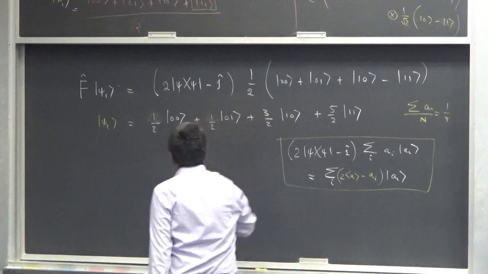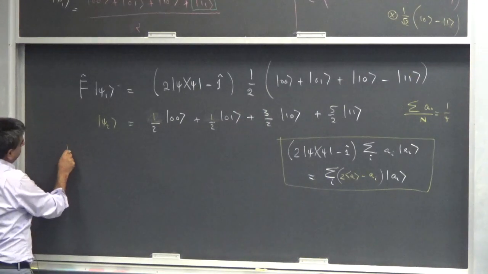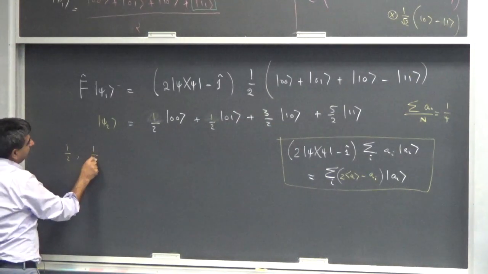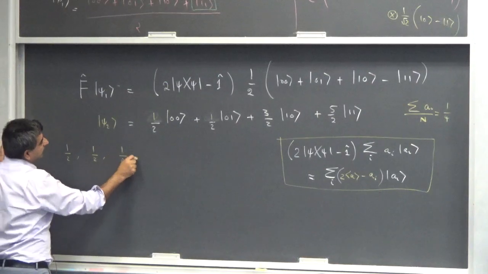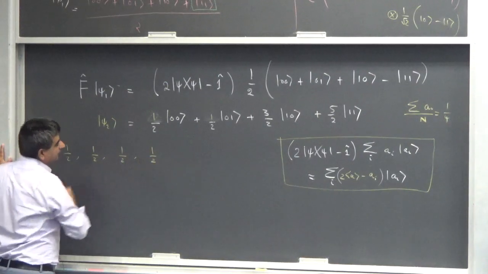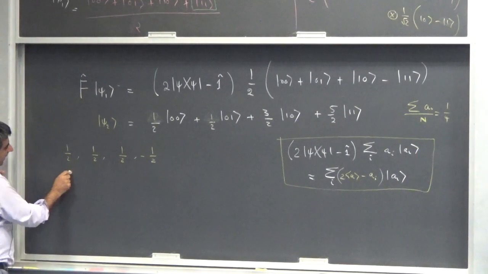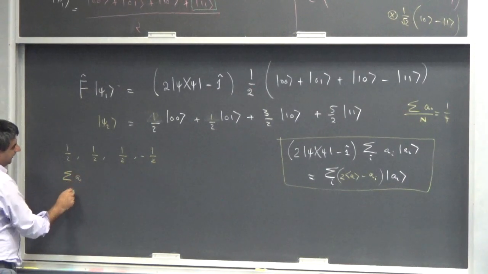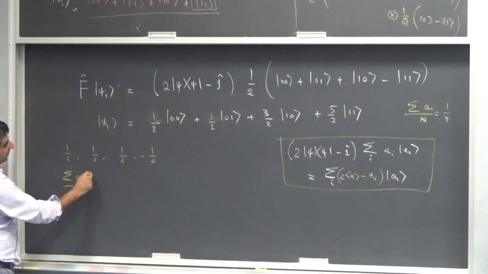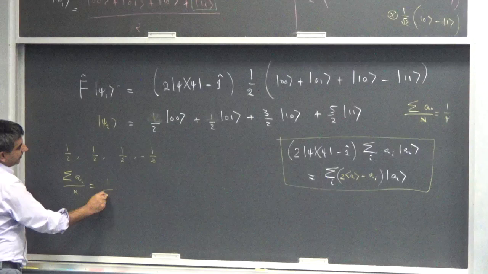So our amplitudes are 1/2, 1/2, 1/2, and minus 1/2. The average A is the sum of these, which is 1 divided by 4.